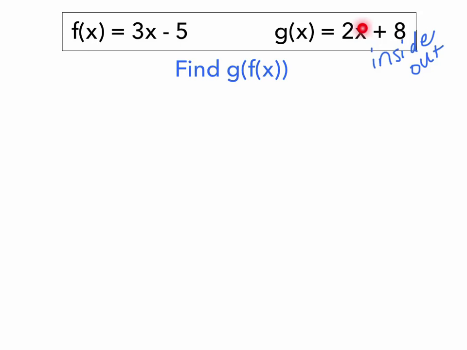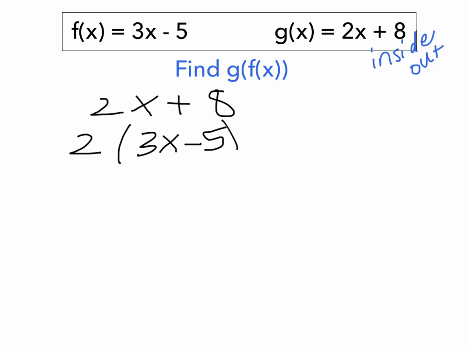I have the g, and I want the f of x, so this function, 3x minus 5, needs to go into the function of the g, into the x of the g. So instead of writing x, I now have that f of x. This was telling me what to plug in for the x.